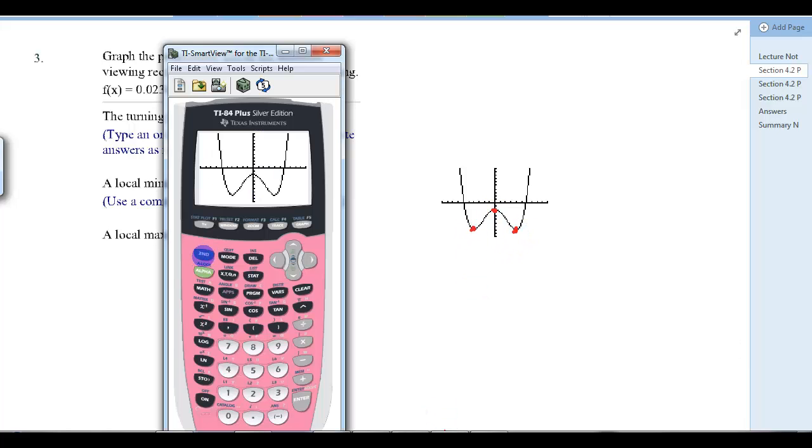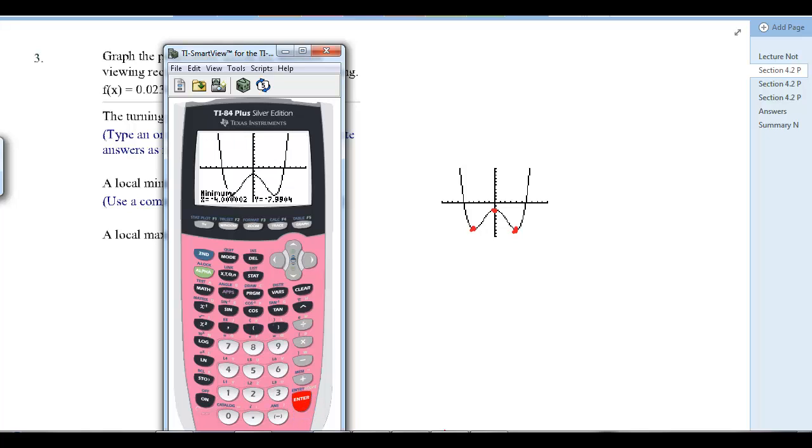So we'll go back in here, second calc. We'll choose min, and we're right here, so we want to move till we are to the left of that minimum point where we can really see it. Okay, that's good. Enter. And then we need to move back around till we're at the right of it and hit enter, and enter a third time.